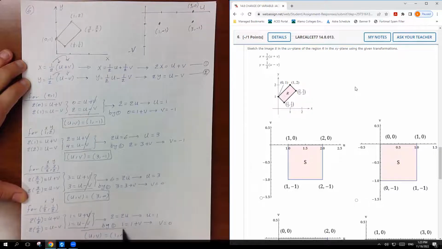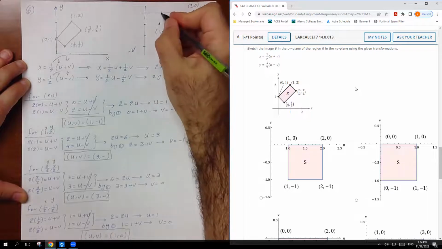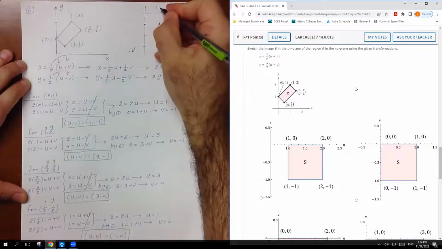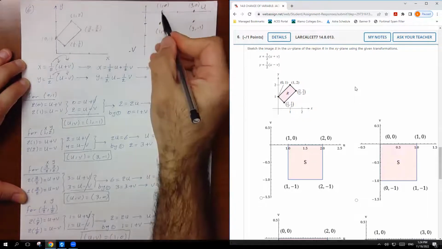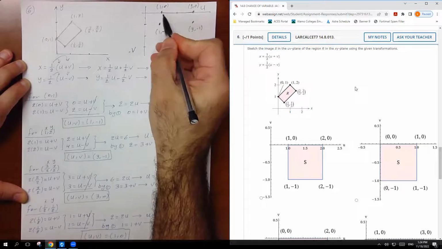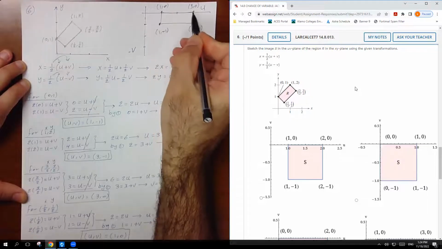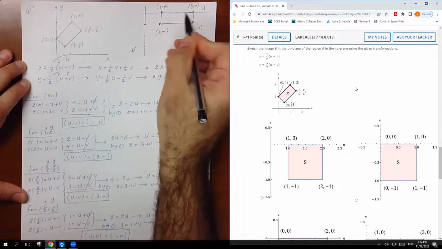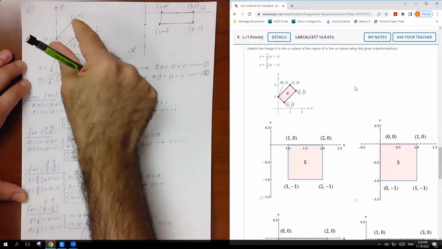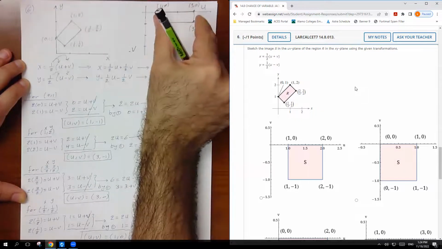So our last point in the uv plane is going to be (1, 0). So here's 1, 0. That means our graph is going to be here. This is our graph converted from the xy plane to the uv plane.